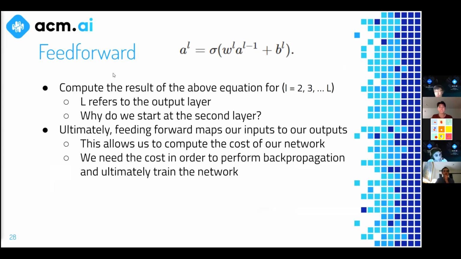Because you have to compute each of these things at a time. You have to compute this output, and then you have to use this output to get to the next one, until you get to the output, right? In an iterative process, right? So that's exactly how we feed forward, is using this exact formula that we just explained. That's exactly what we do. So we just do this over and over again until we get to the output, right?